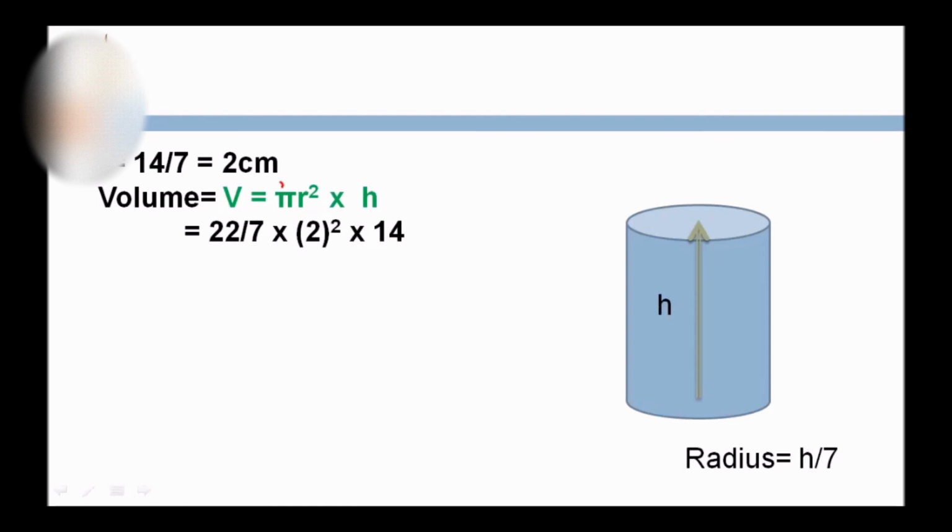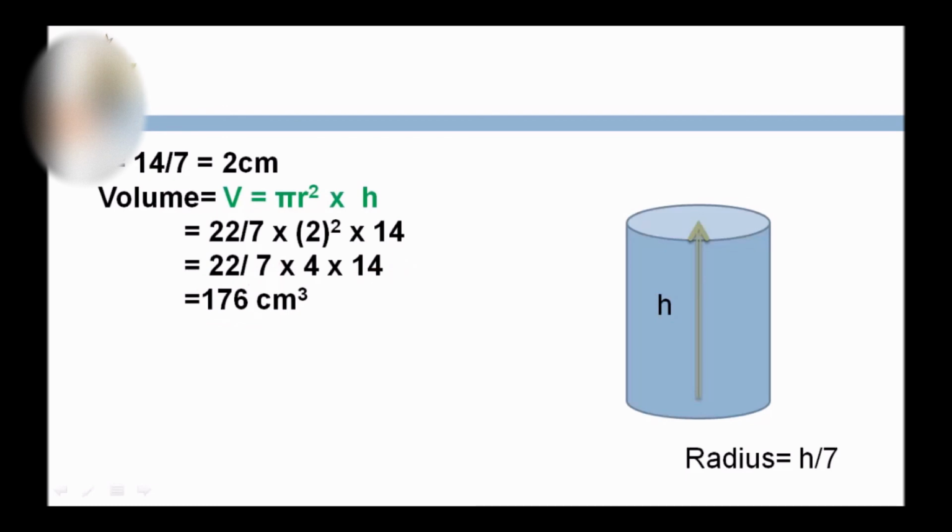Now again we put value of pi as 22 by 7 and radius as 2 and height is 14 now. By solving square we get 4. Now cancel 7 with 14, we get 2. By multiplying 22, 4 and 2, we get 176, which is volume.